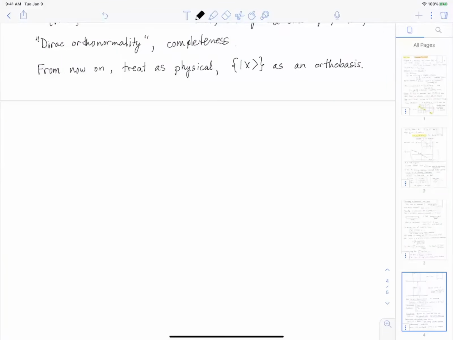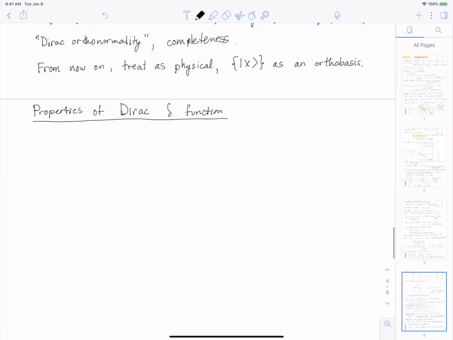Okay, so let me again summarize some of the properties of the Dirac delta function in a slightly different way. And because the delta function is technically not a function, you can take what I'm about to write down as its definition.